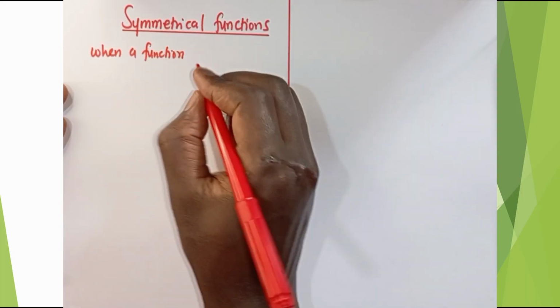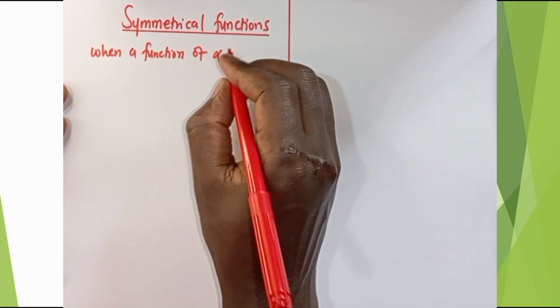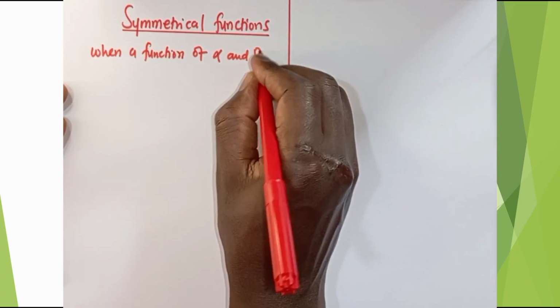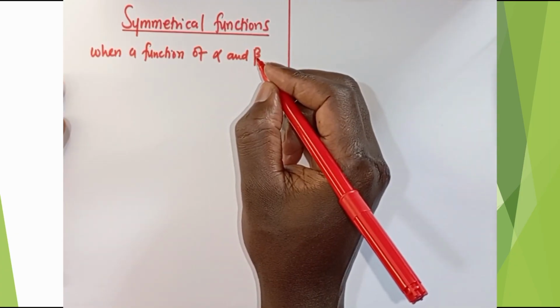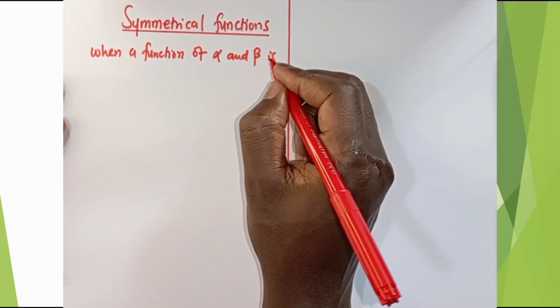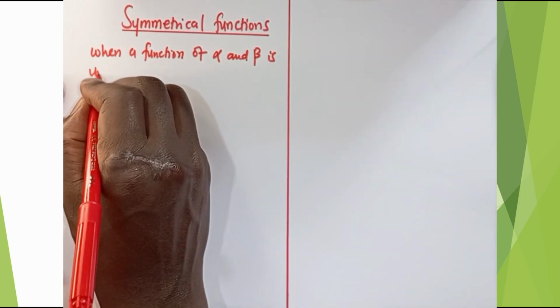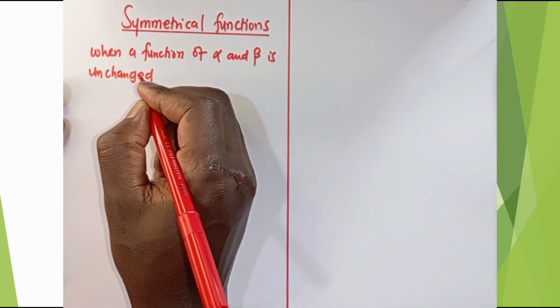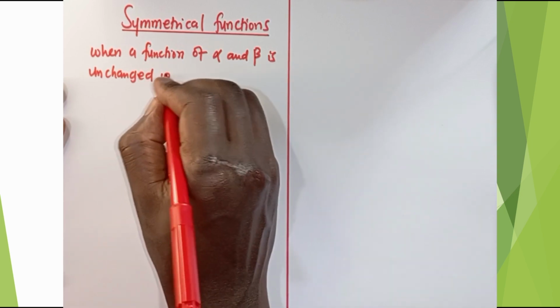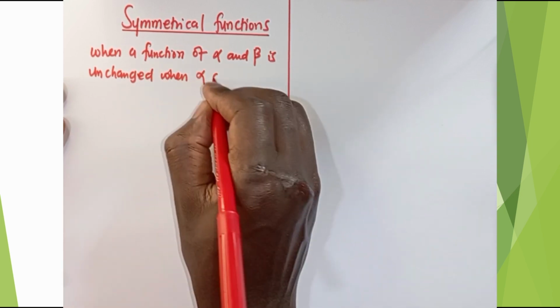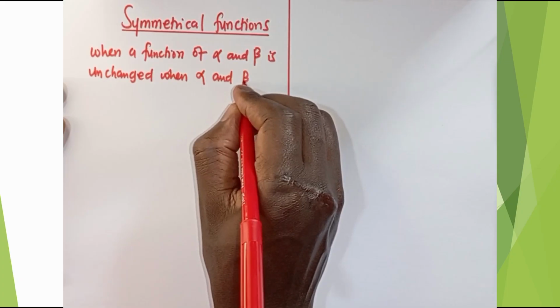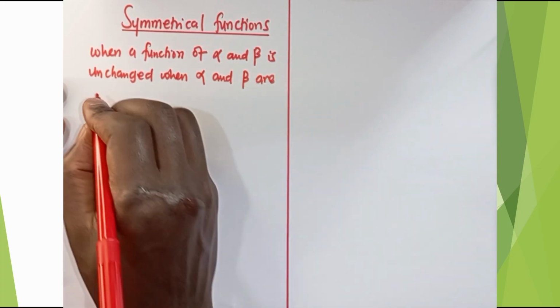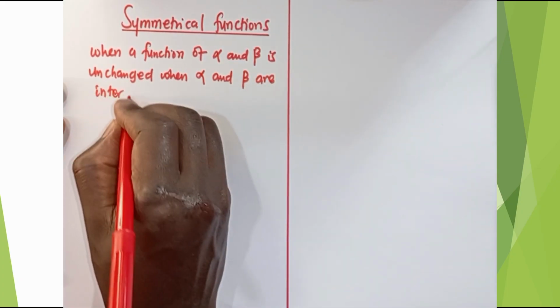A function of alpha and beta is unchanged when alpha and beta are interchanged.